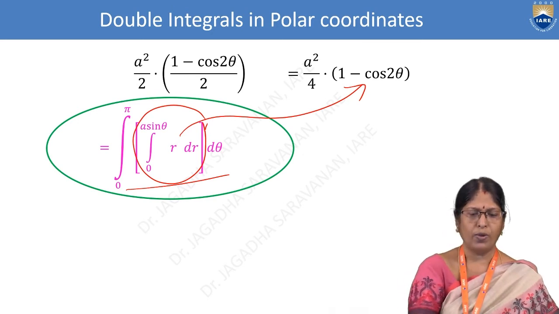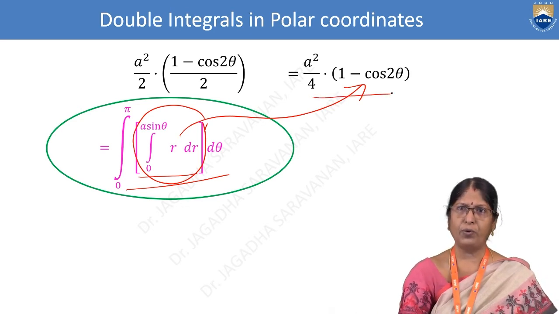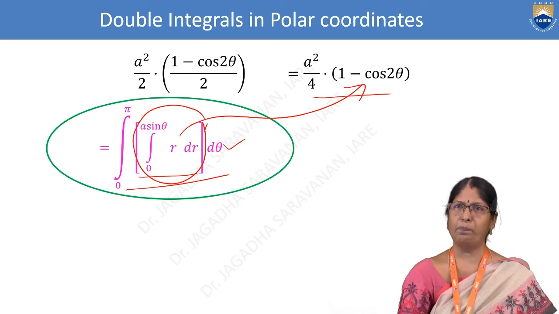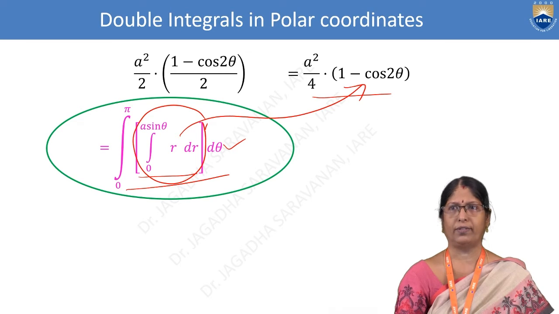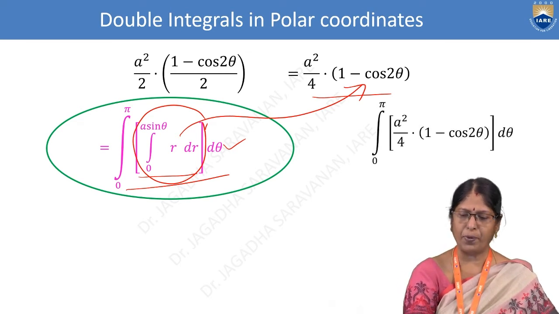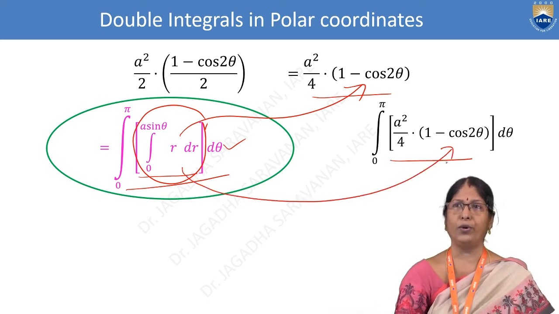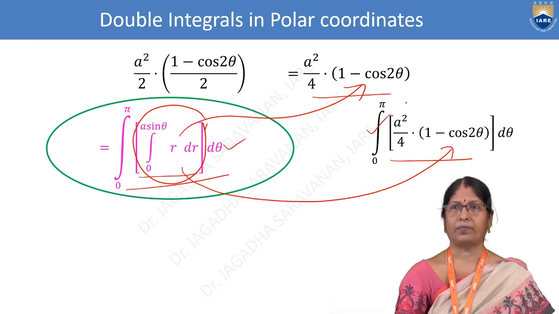We are going to do it now, replacing with this result. Again we will do the integration with respect to theta. This is a very simple way we can avoid careless mistakes while integrating the functions. Now we replaced it: a square by 4 into 1 minus cos 2 theta, integral 0 to pi d theta.